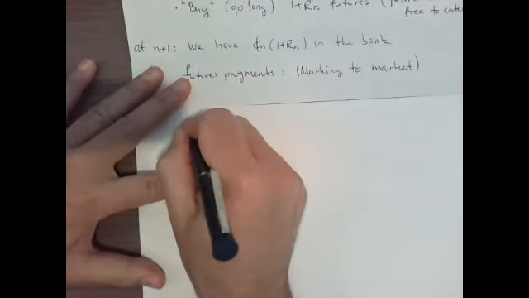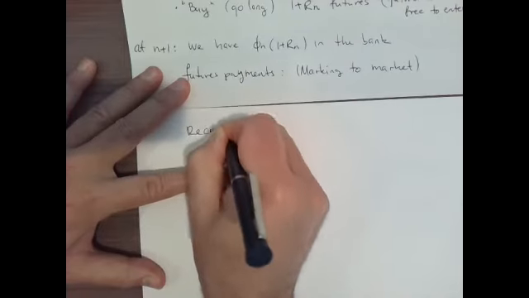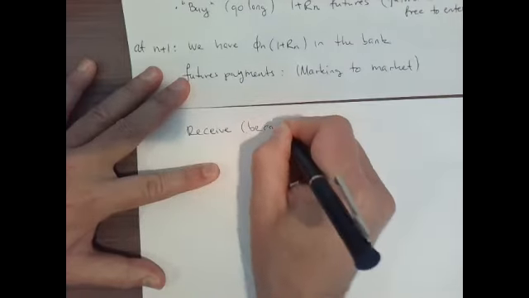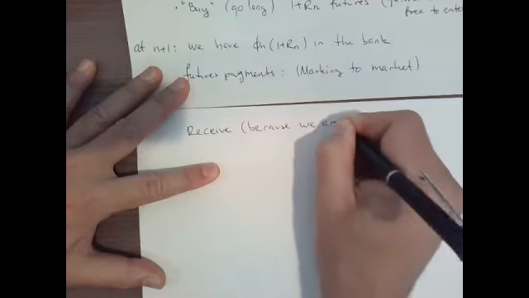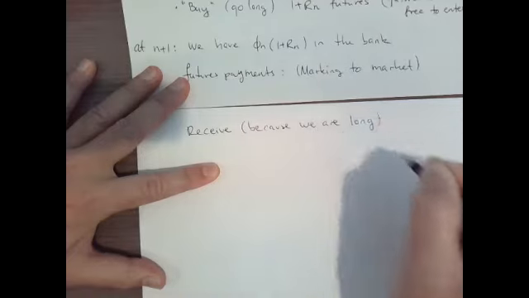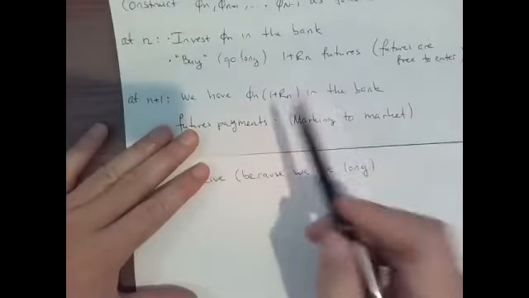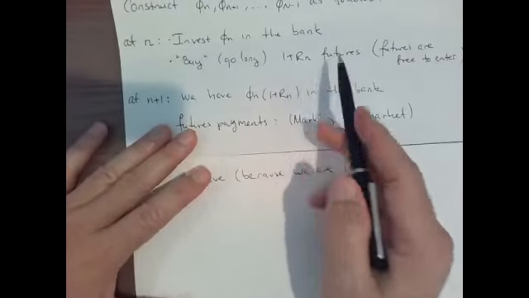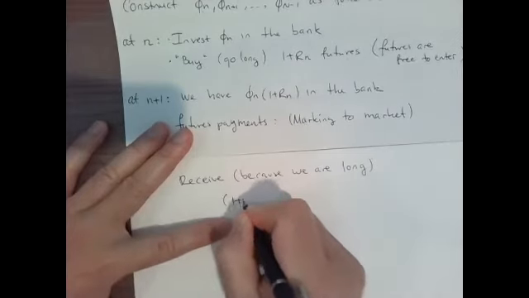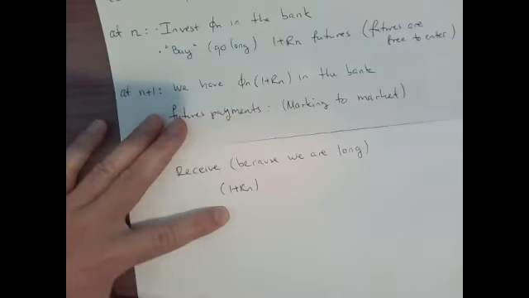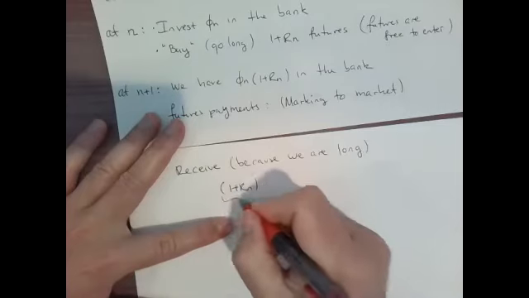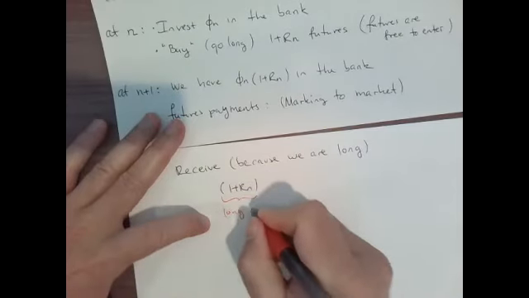So we're going to receive, that's because we're long. What are we going to receive? It depends upon how many we have. We had 1 plus Rn. This was our long futures position.